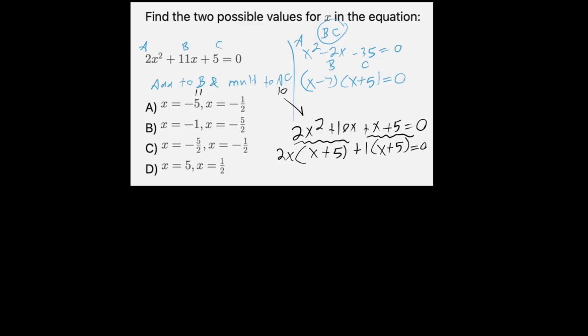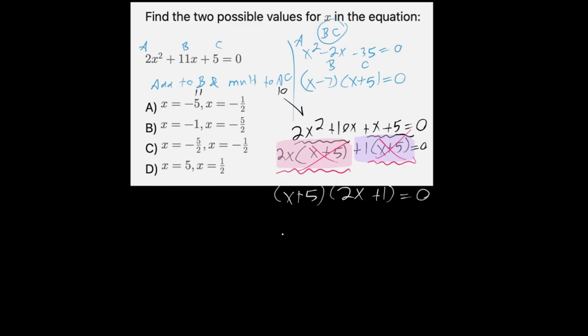But now we can look at this as two terms, the pink one and the purple one, and they both have a common factor of x plus 5. So if you factor x plus 5 out of this piece, it leaves you with 2x. And if you factor x plus 5 out of this piece, it leaves you with 1.